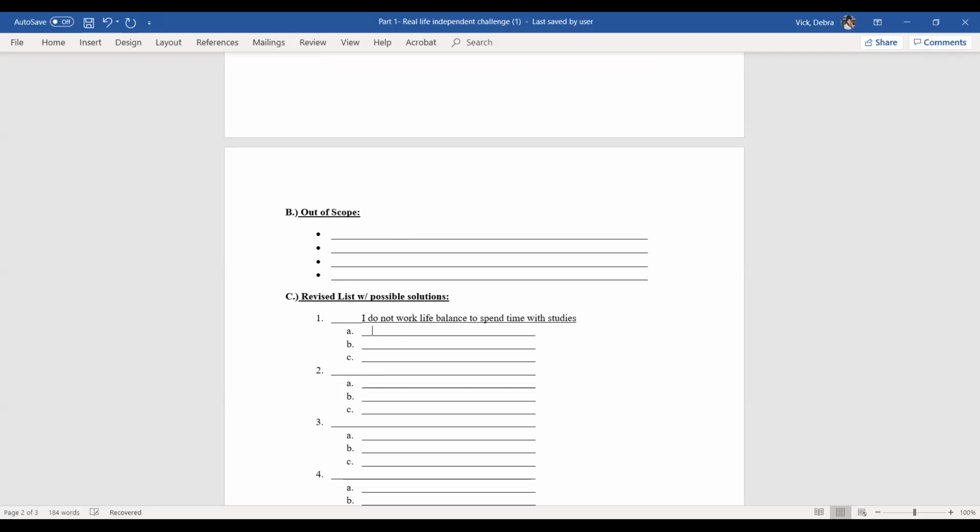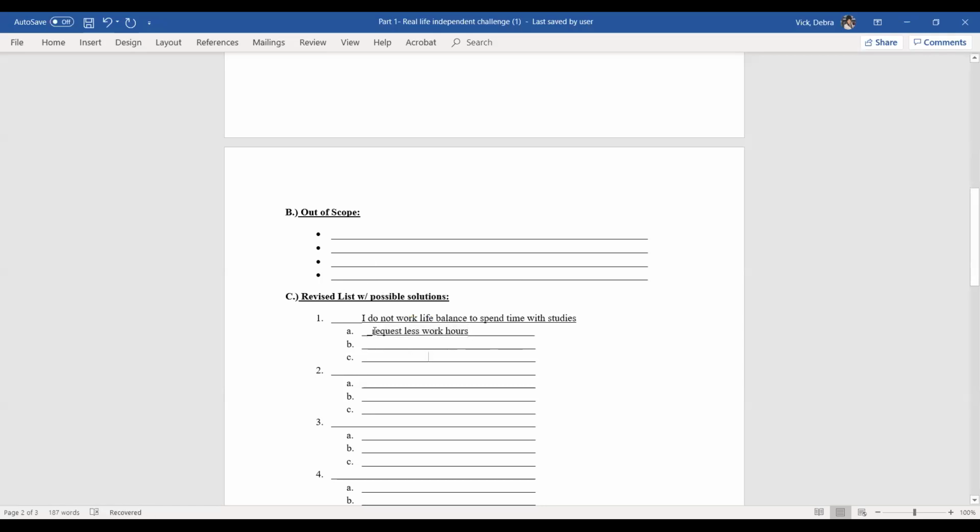So a possible solution could be lower, or let's say request less work hours, right? So that you can actually prioritize your education, because remember, this is an investment. Your education is an investment. Another option could be something where maybe this isn't the best option, but maybe it is something that you can think about.